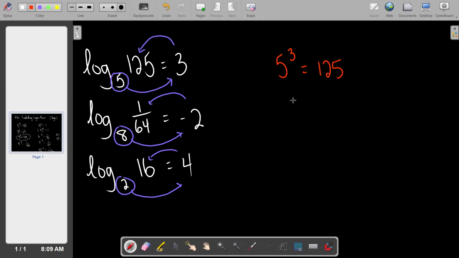How would I rewrite the second one? 8 to the power of negative 2 equals 1/64th. And the third one? 2 to the power of 4 equals 16.